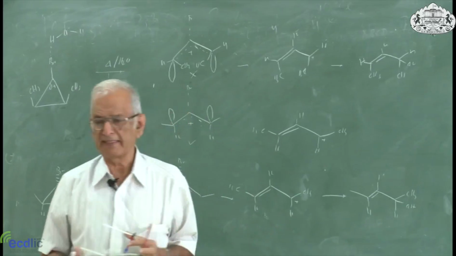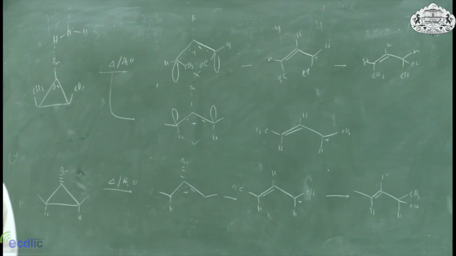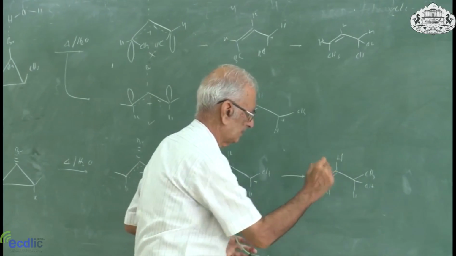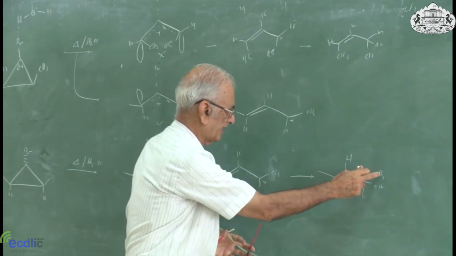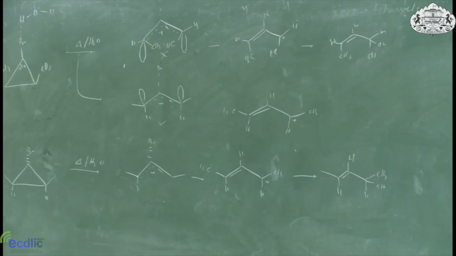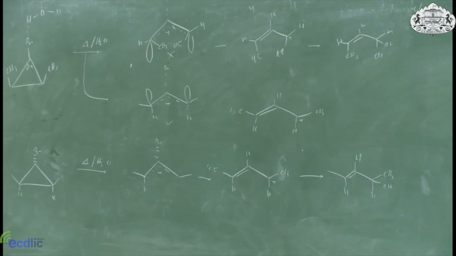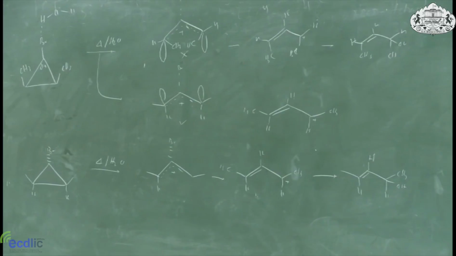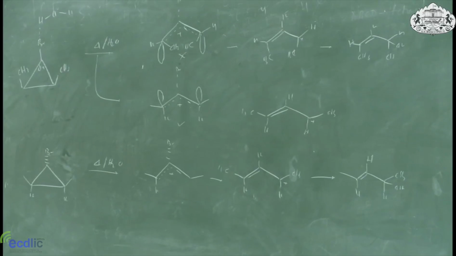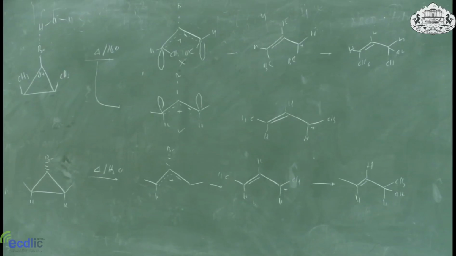What's the systematic name you will give to this product? Should I start the numbering from here? Should I start the numbering from here? That's the question. From where should I start the numbering?